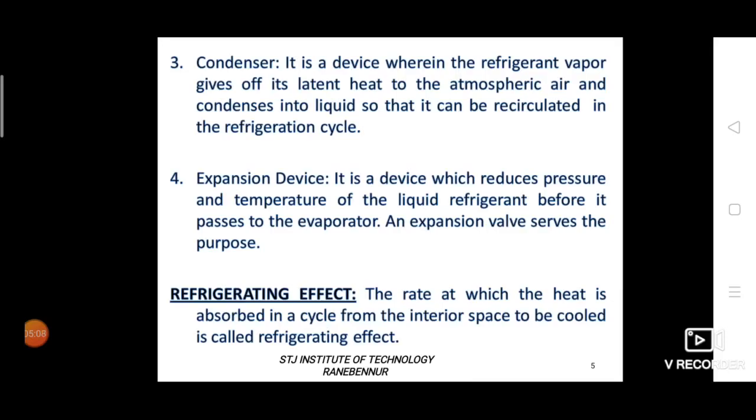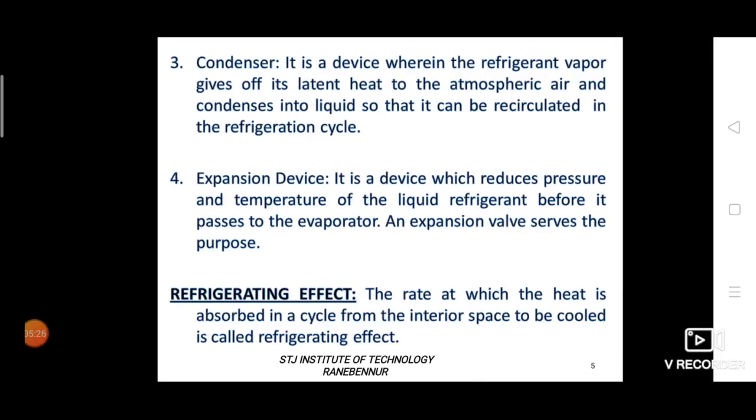At the end of the expansion device, you again get a liquid refrigerant at low pressure and low temperature. That refrigerant will be sent to the evaporator and the cycle will be continuous.